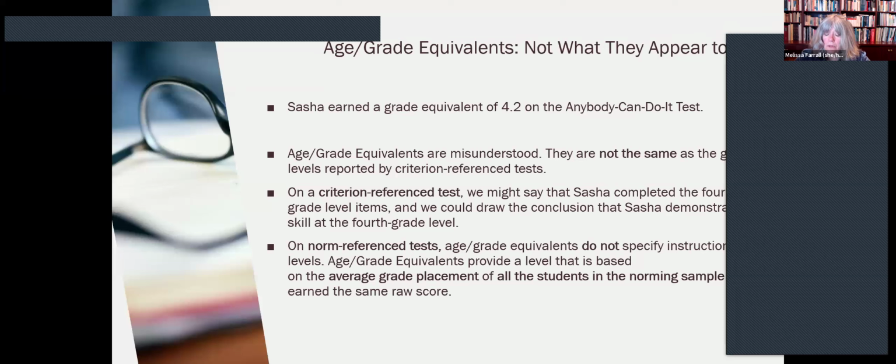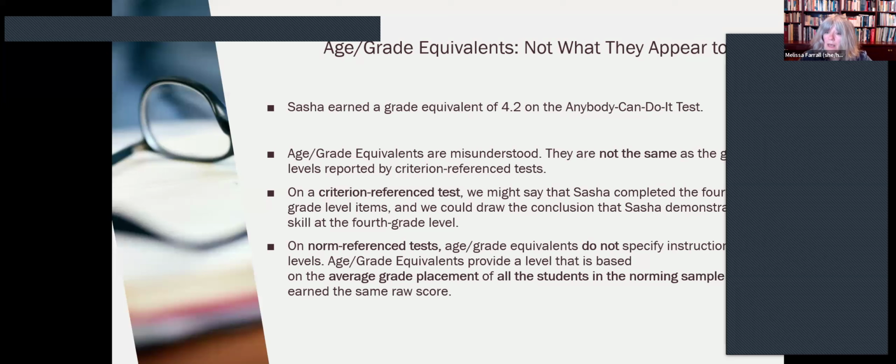When we do criterion reference tests, remember the tests that are designed by educators, those are often designed to speak to mastery of a given body of knowledge, such as 4th grade skill in math computation.